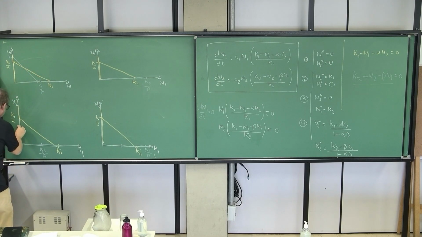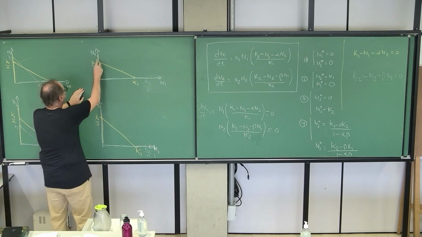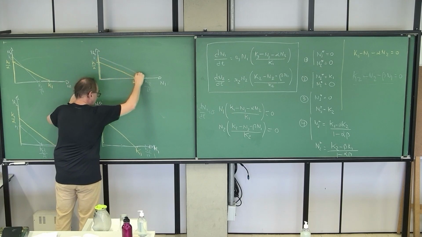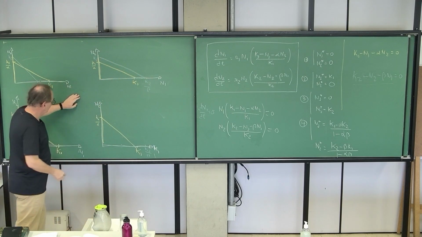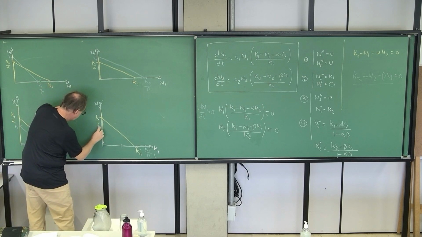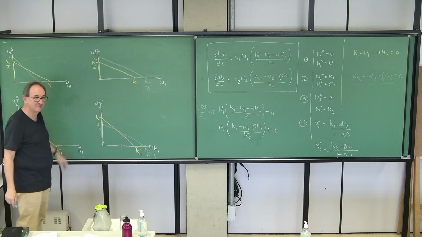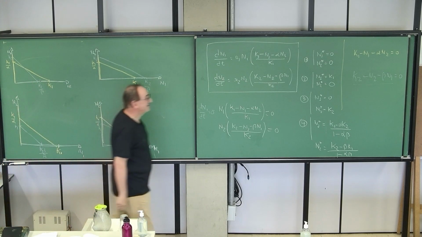And then you can have it here, in which case these lines don't intersect. And the same here. It could be here, in which case the lines do not intersect. It could be here, in which case they intersect. So that's the first step.